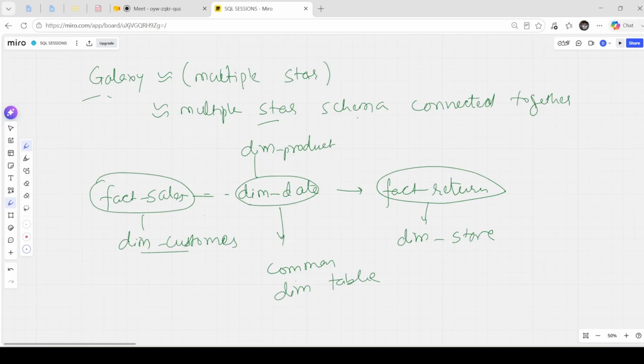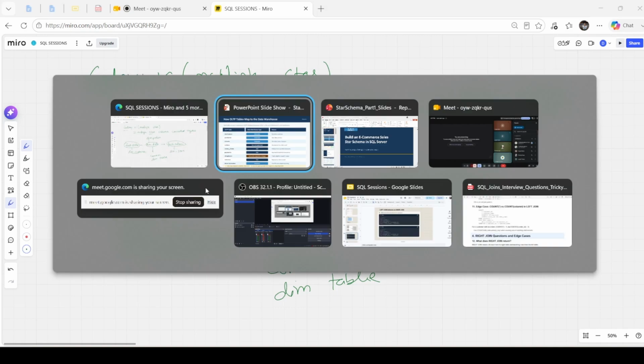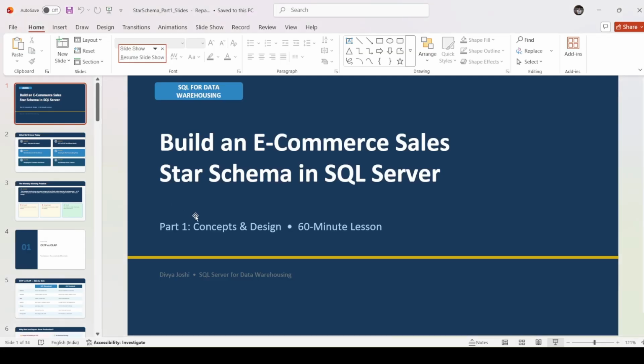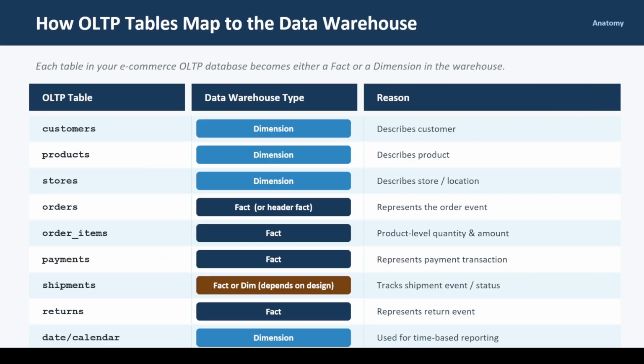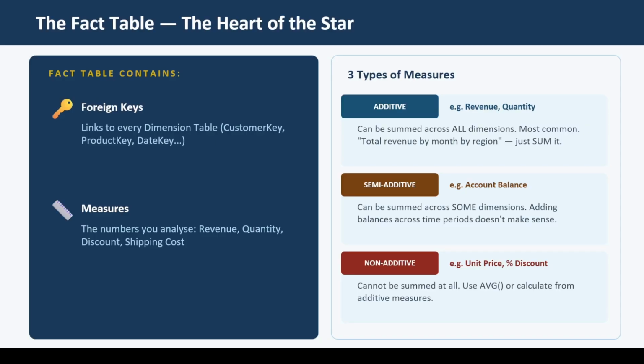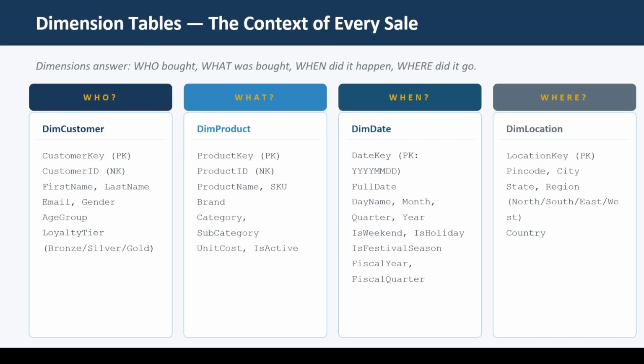So I think we are done for today. In the next session, we are going to talk about how to redesign the existing tables, the ones that we already have. We will start with how to actually divide the existing OLTP database into an OLAP database.